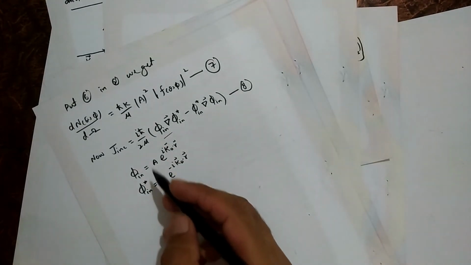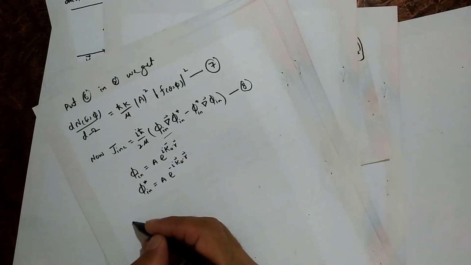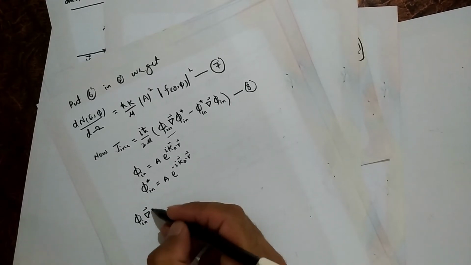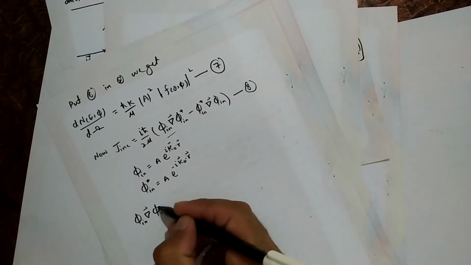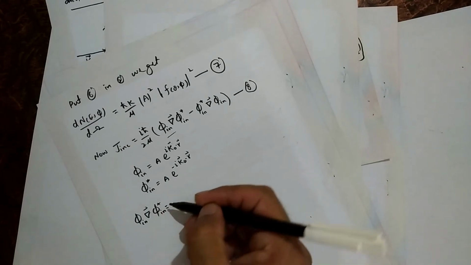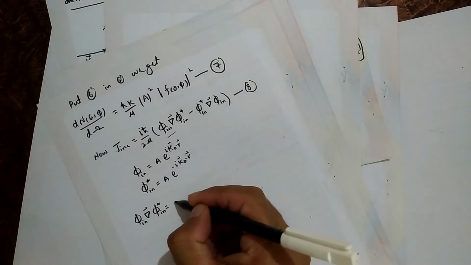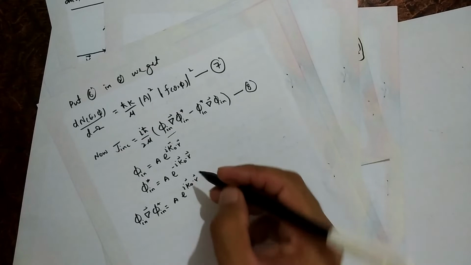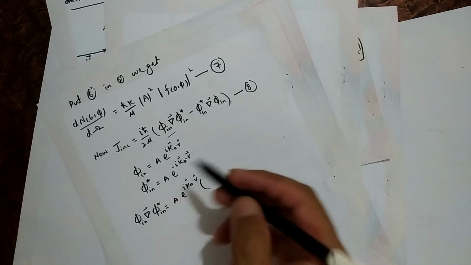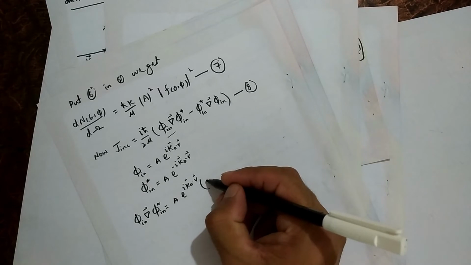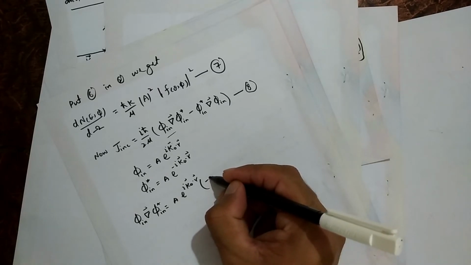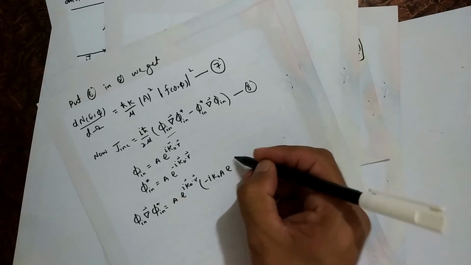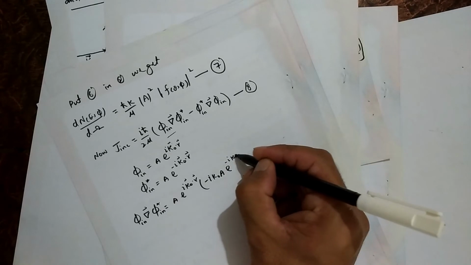Therefore, this part will become phi incident times the gradient of the complex conjugate of the incident wave. It will be equal to a e power i k naught into r times its gradient, which will be minus i k naught into a e power minus i k naught into r.